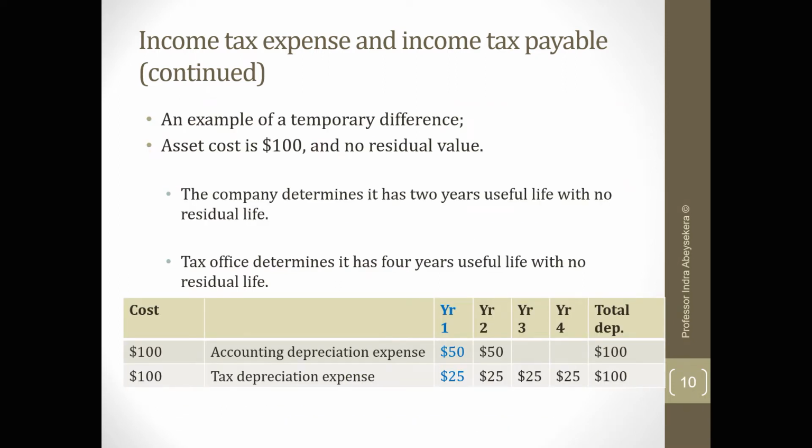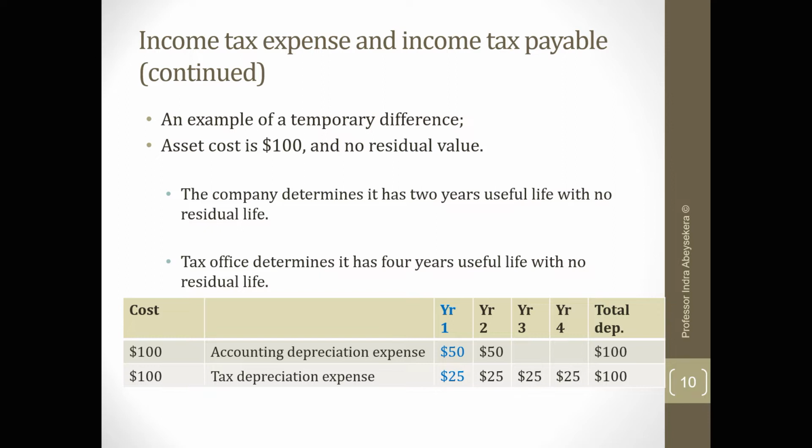Here's an example of those temporary tax differences. Asset cost $100 and there's no residual value, and the company determines that the asset has 2 years useful life, no residual value, and the tax office determines it has 4 years of useful life with no residual value. We can see that accounting depreciation is in the first and second year, whereas the tax depreciation expense is over 4 years.